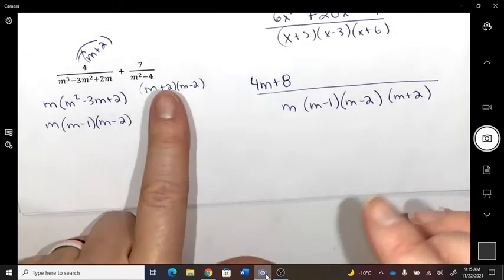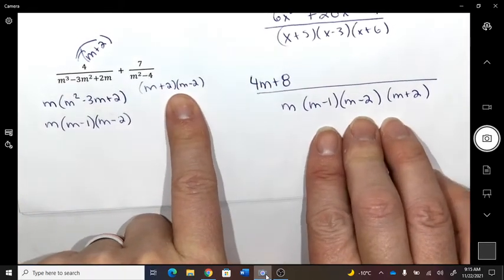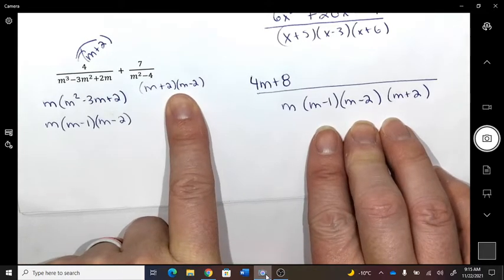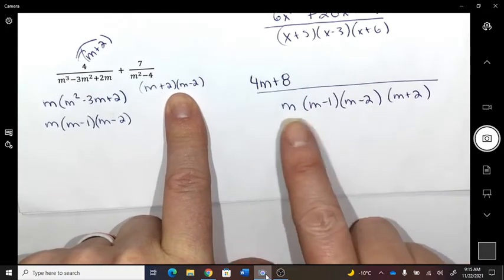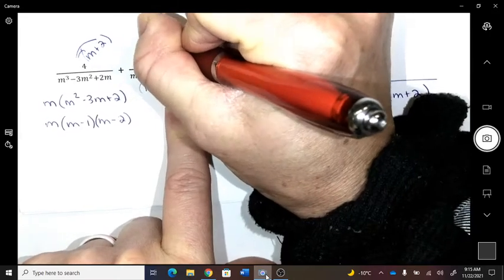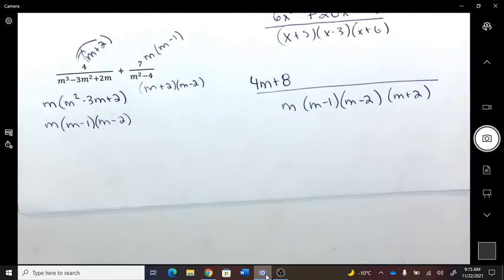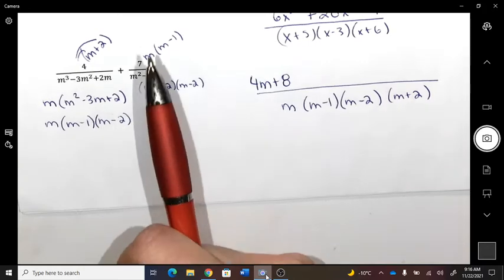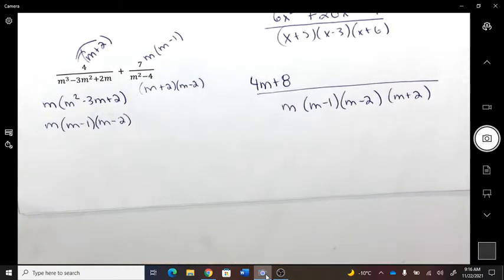Okay, this bottom to this bottom, what did you do? There was an m and an m minus 1. Okay, now here's the situation. This is something times something times something. There's 3 things. Multiply 2 of them.